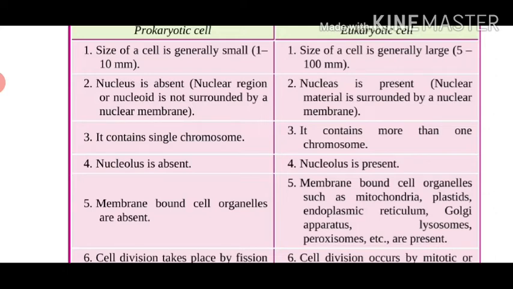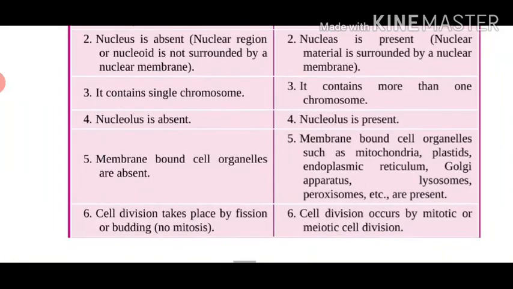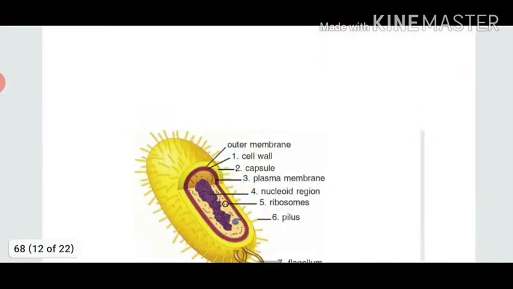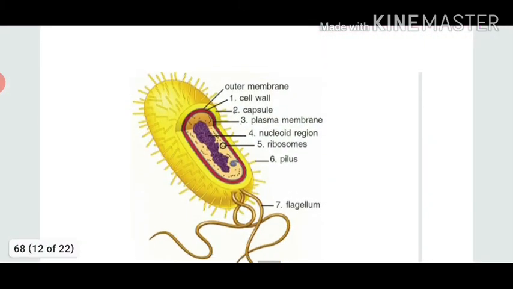Nucleolus is absent in prokaryotes, whereas it is present in eukaryotic cells. Membrane-bound cell organelles are absent in prokaryotes, whereas membrane-bound organelles such as mitochondria, plastids, Golgi apparatus and lysosomes are present in eukaryotic cells. Division takes place by fission in prokaryotes, whereas mitotic cell division takes place in eukaryotes.